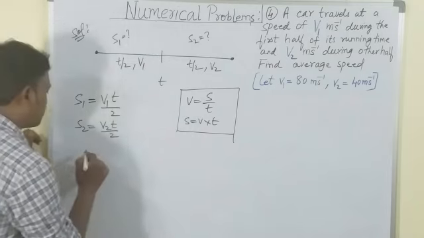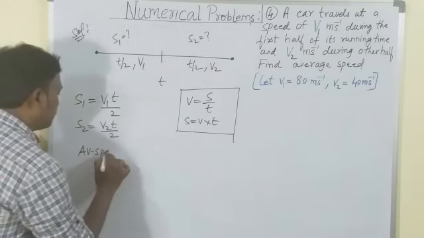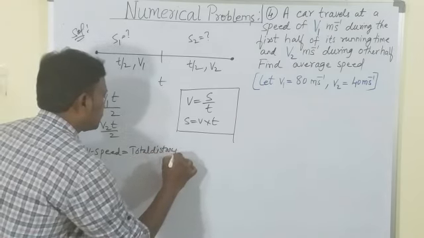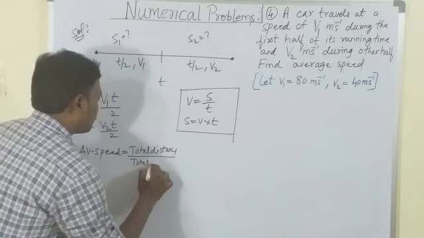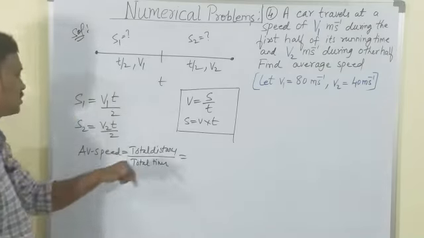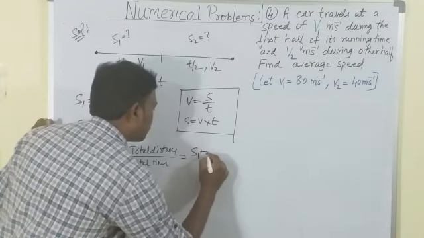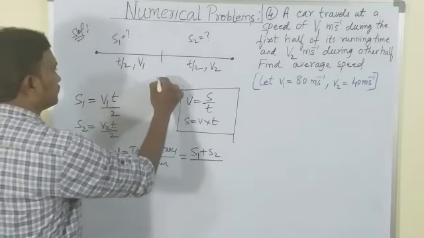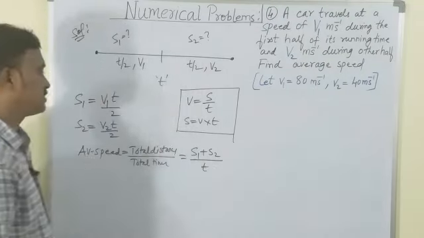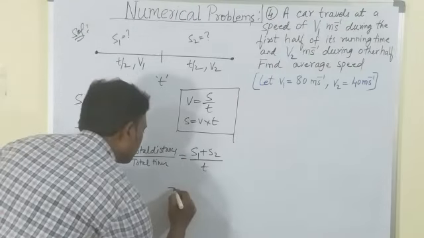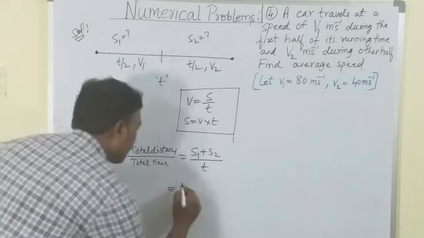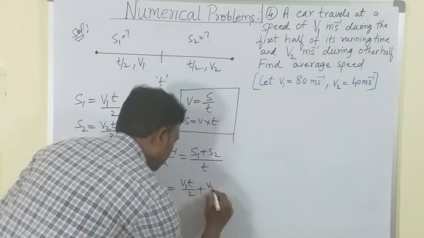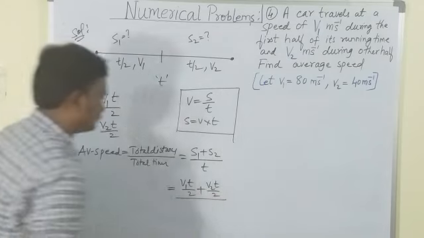Okay, so what is average speed now? Average speed is total distance by total time. What is total distance here? s1 plus s2, by total time. The total time is t. So s1 is v1t by 2 plus v2t by 2, by this t.